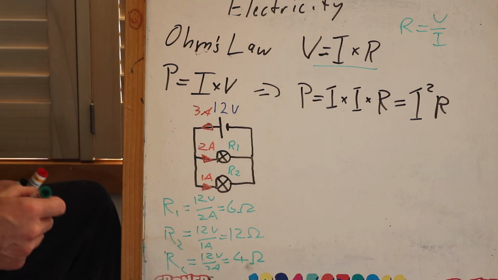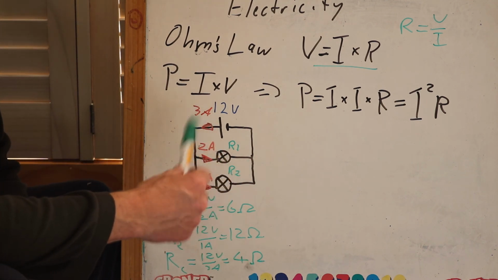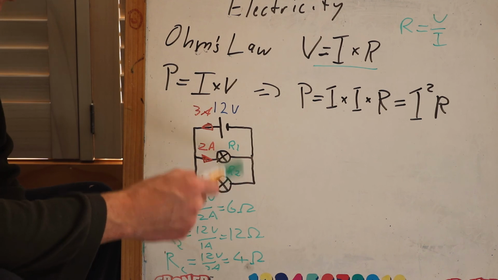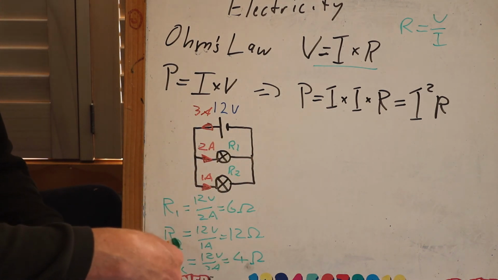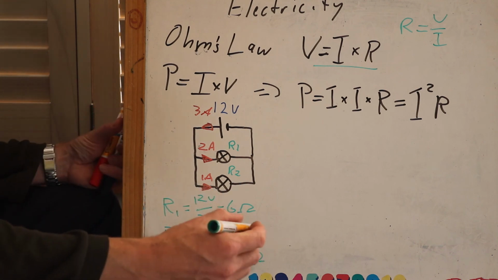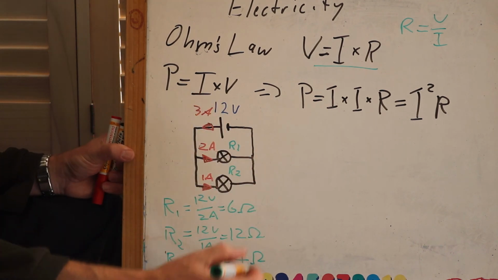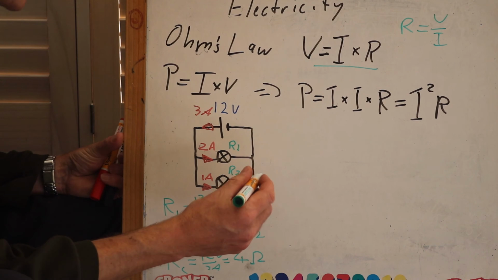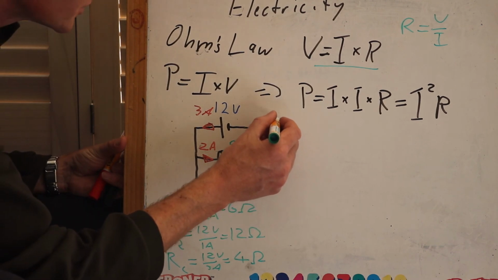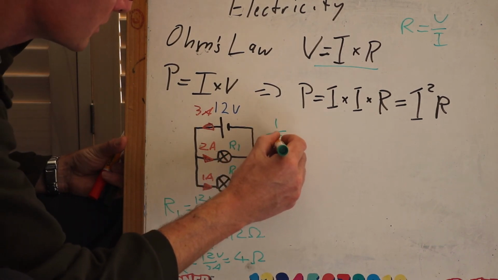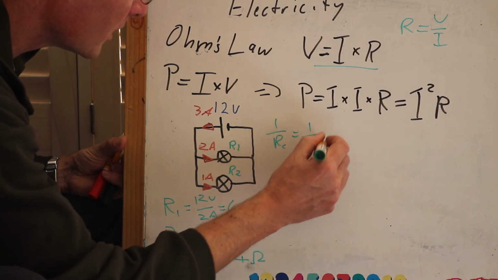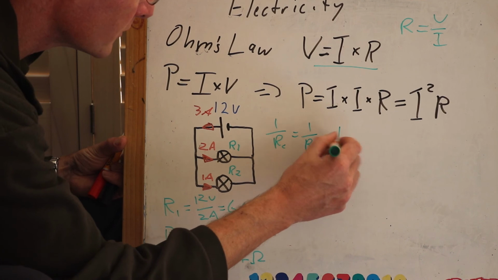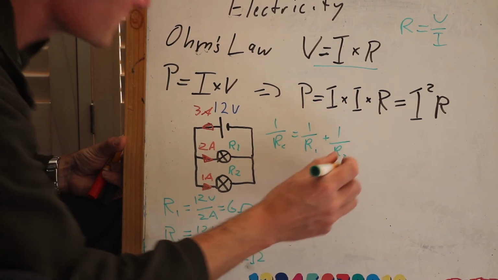I told you the circuit resistance has to be smaller than the smallest single resistor, which was 6. Works perfectly fine. You could have used the resistance equation I've given you for a parallel circuit, which is 1 over RC equals 1 over R1 plus 1 over R2 as well.